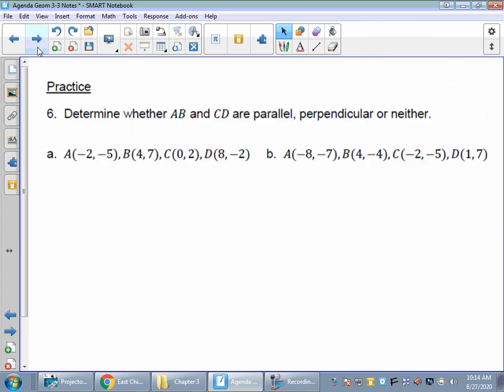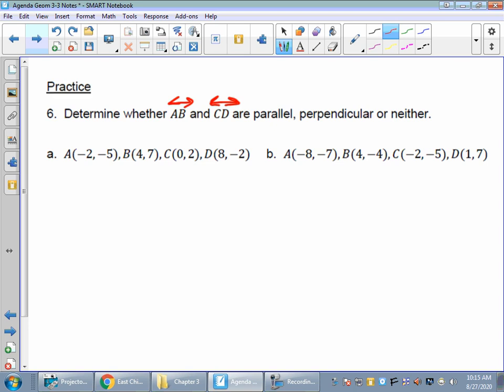All right, now let's do a couple of examples here. First, determine whether AB and CD are parallel, perpendicular, or neither. Let's just do the first one here, letter A. We should put little line symbols here, since these are lines. So AB and CD are parallel, perpendicular, or neither.